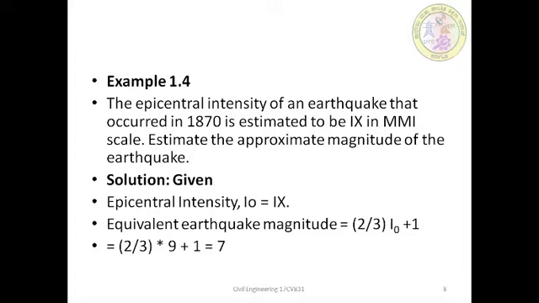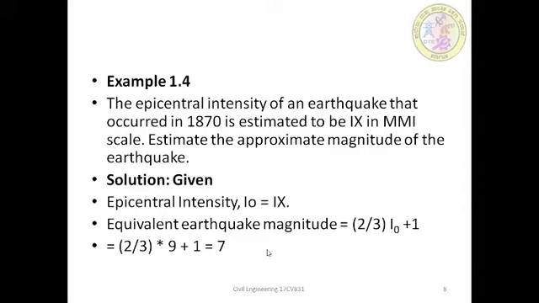Now let us move into the other type of example. Here it is said that the epicentral intensity of an earthquake that occurred in 1870 is estimated to be 9 on the MMI scale. Estimate the approximate magnitude of the earthquake. So the given data is the intensity as 9, that is I naught, and the formula for conversion to the equivalent earthquake magnitude is 2/3 of I naught plus 1.